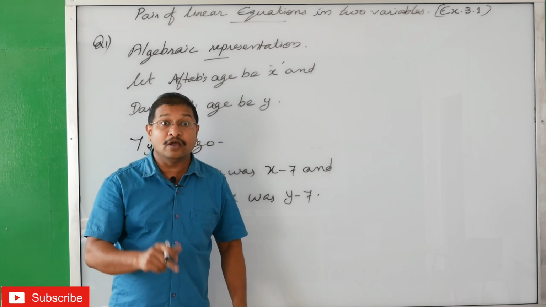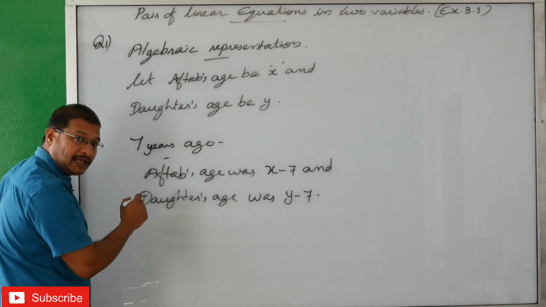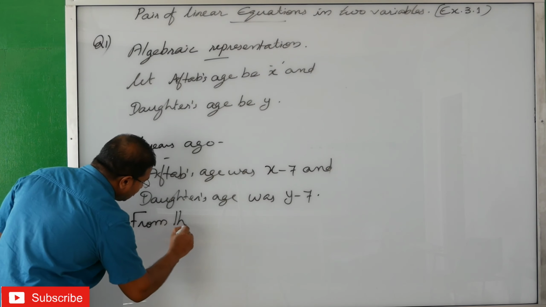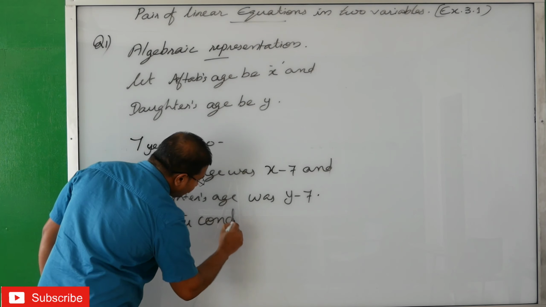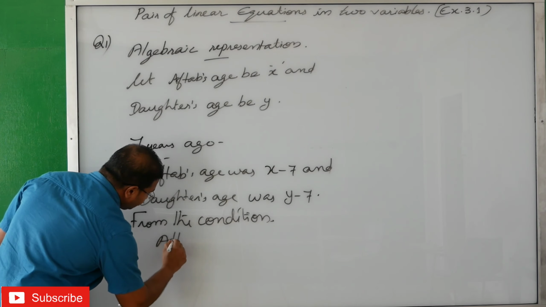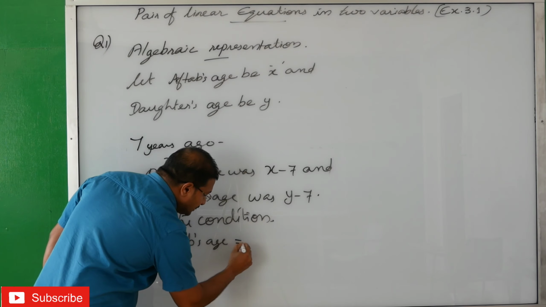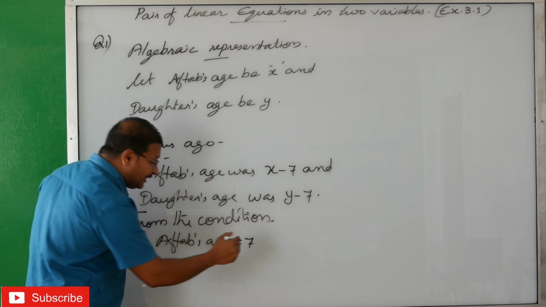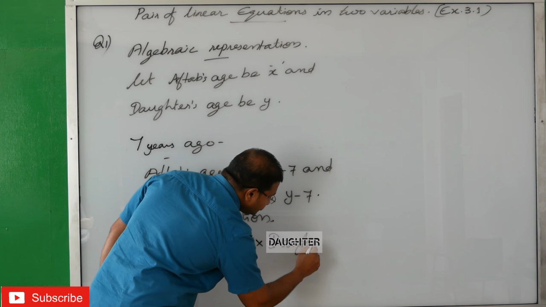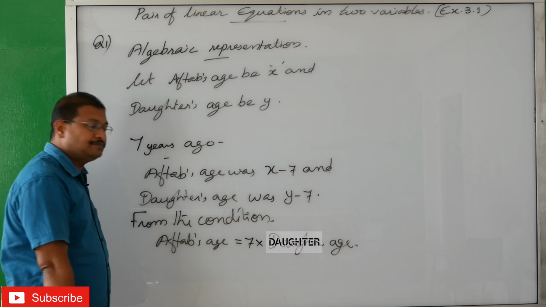7 years ago, I was. That means the father's age was. From the condition, we can write Aftaf's age equals 7 times, that means 7 into daughter's age.